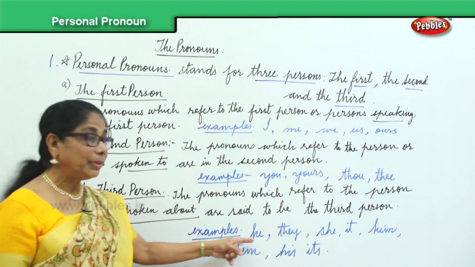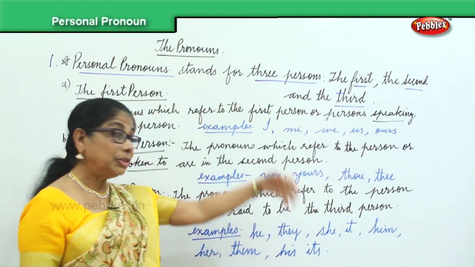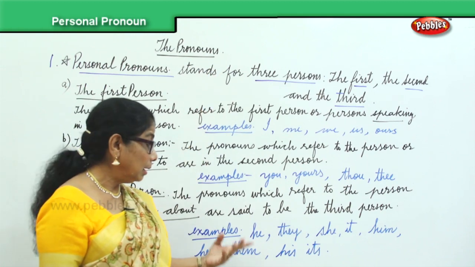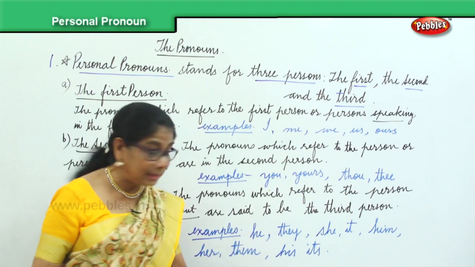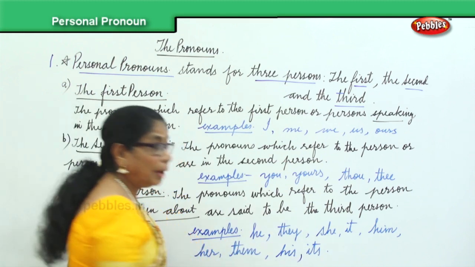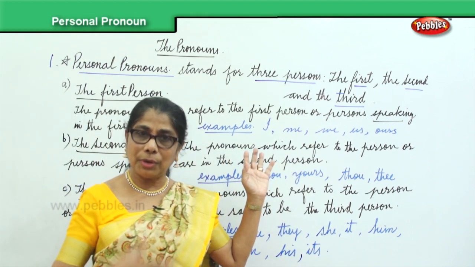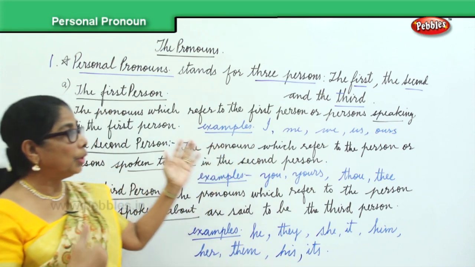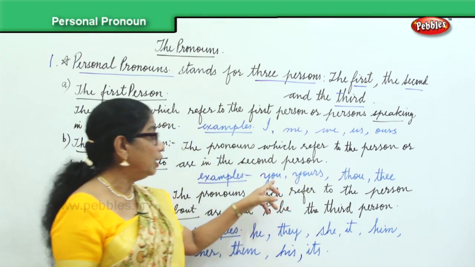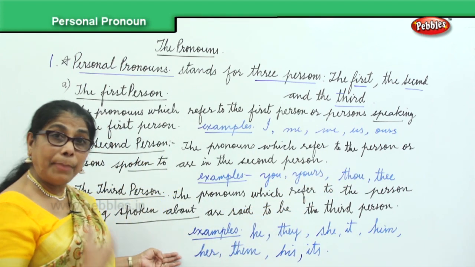For example, third person: he, they, she, it, him, her, them, his, its. Now, all these may look complicated, difficult. The first person is speaking, the second is spoken to, that will be you, yours and all that, and the last one is spoken about.